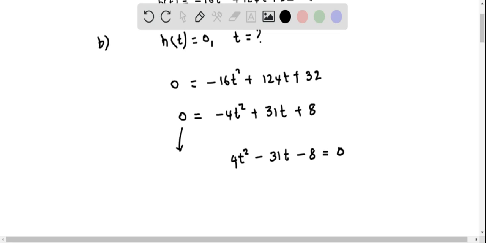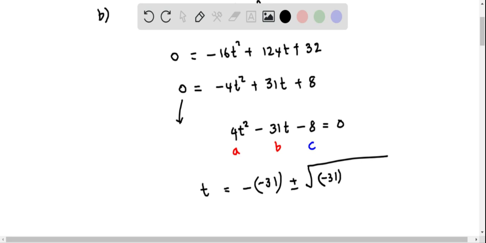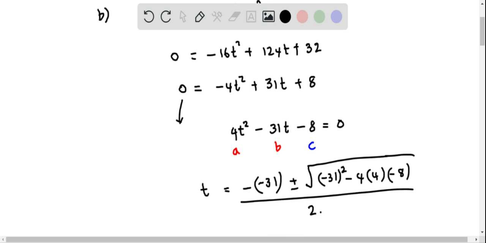I'm going to determine the value of t using the quadratic formula. So let's identify a. A is the coefficient of t squared, b is the coefficient of t, and c is the constant term. So the quadratic formula is negative b, that is negative of negative 31, plus or minus the square root of b squared, which is negative 31 squared, minus 4 times a times c. c is negative 8, all over 2 times a, where a is 4.